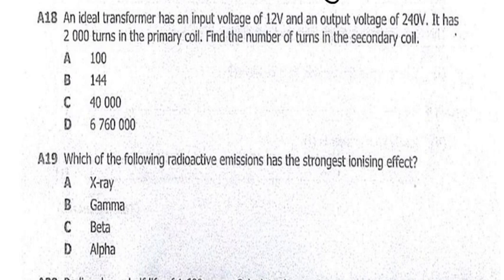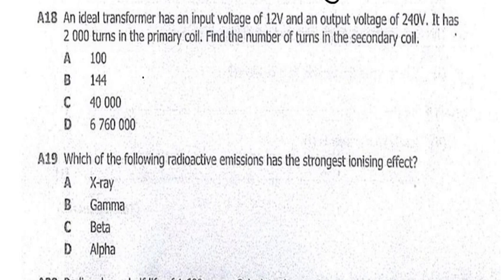We go to question 18. An ideal transformer has an input voltage of 12 volts and an output voltage of 240 volts. It has 2000 turns in the primary coil. Find the number of turns in the secondary coil. Right. So in order for us to find the number of turns in the secondary coil, we're going to use what we call the transformer equation.